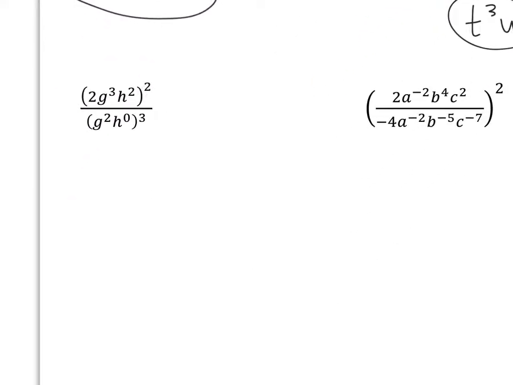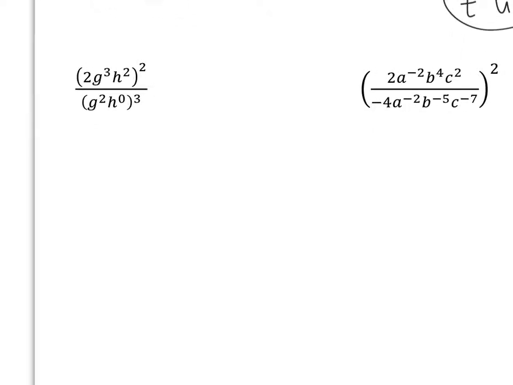All right, let's continue on. Now I have to distribute before I can look at simplifying. So if I distribute this squared here to everything, I get 2 squared g to the sixth, h to the fourth, and then over, if I distribute the 3 to everything, g to the sixth, and then h to the 0 times 3, 0 times 3 is just 0, so h to the 0 power. All right, let's simplify this a little bit further. 2 squared is 4, and then I have over 1, right?